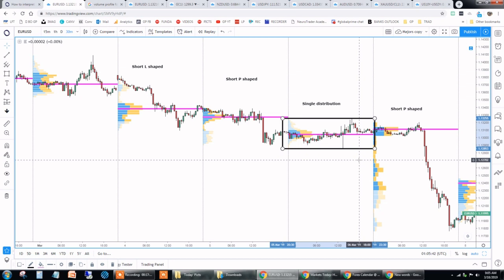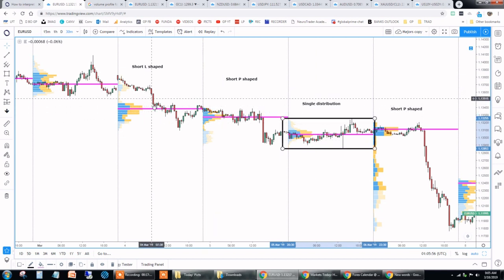So when it comes to multiple volume distributions or directional flows, we can make a distinction of 4 of them. I'm going to be touching on these 4 in a minute. Multiple volume distributions, which you can see one here, really refer to an auction process that creates 2 or more areas of value by a noticeable volume accumulation in the histogram.